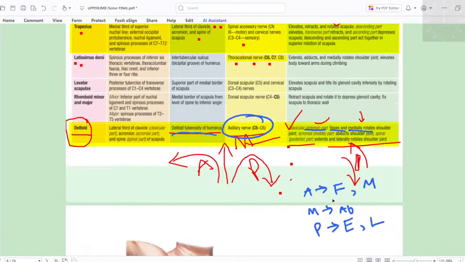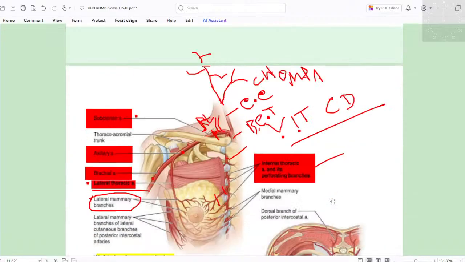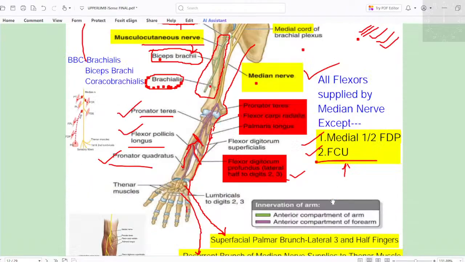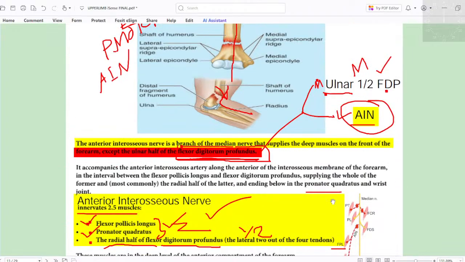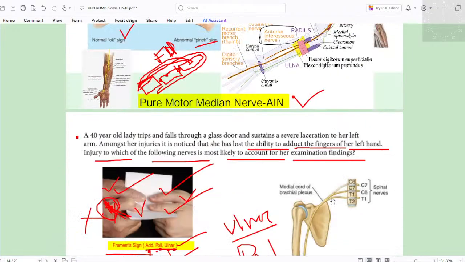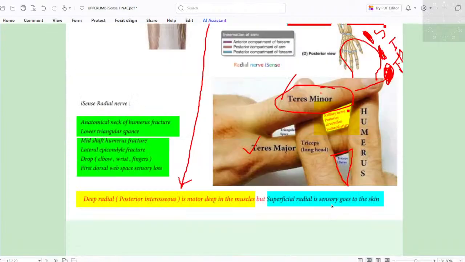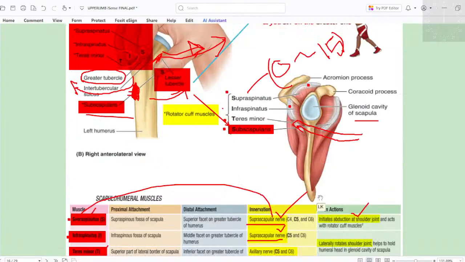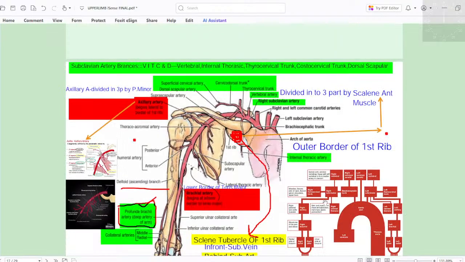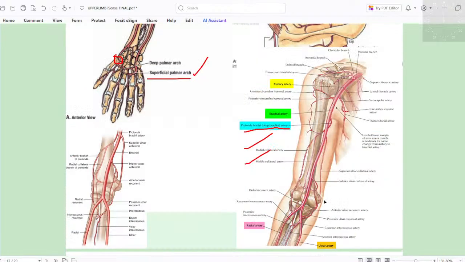Tomorrow, if I have studied my own part, then I can see the things. No problem. I will forward this file, and tomorrow we can finish this one. Then we will go through the EMRCS.